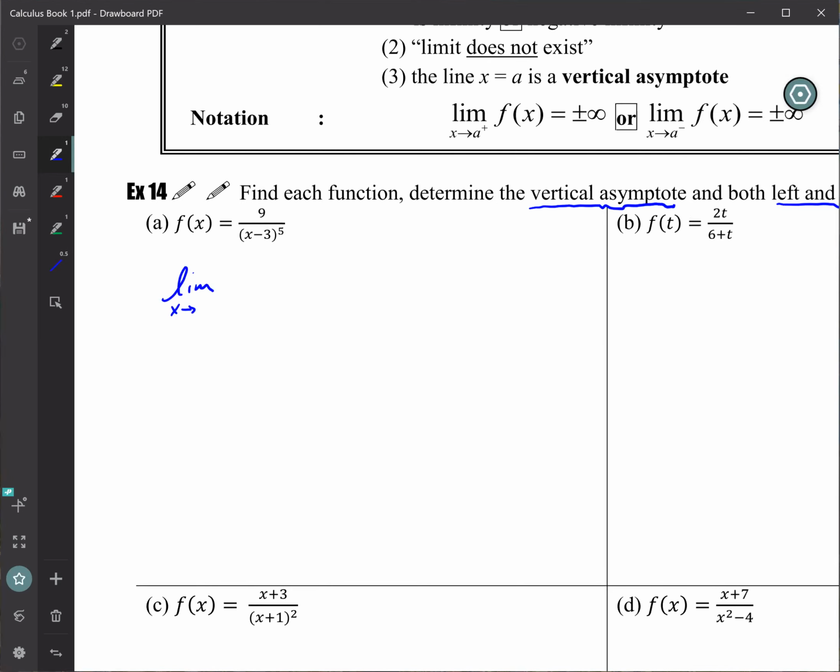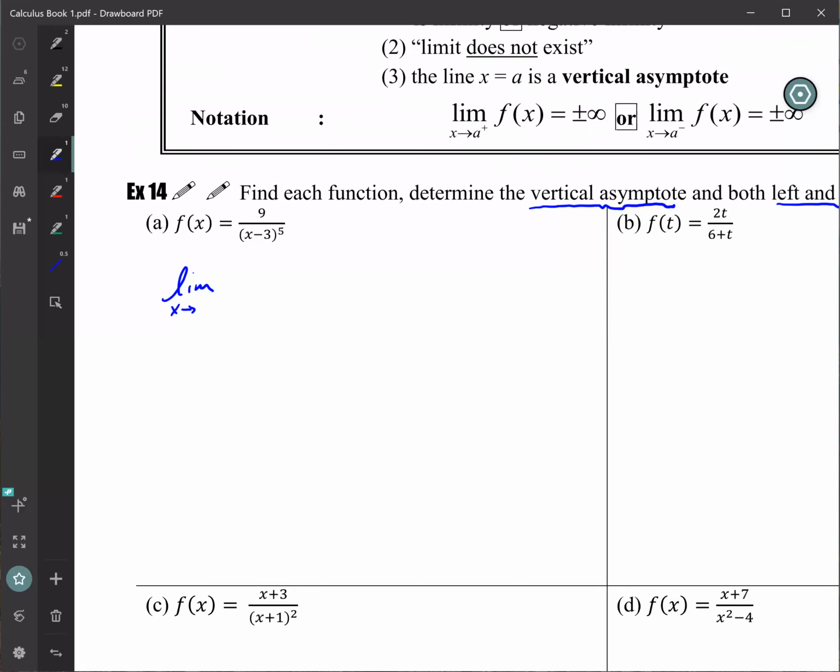The denominator has to equal 0. Yeah, okay. That's when the function is undefined, right? So what makes the denominator equal to 0, Jeffy? Just positive 3. Yeah, very good. So at 3 is where the vertical asymptote happens.